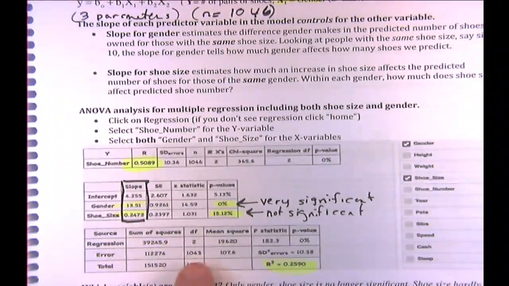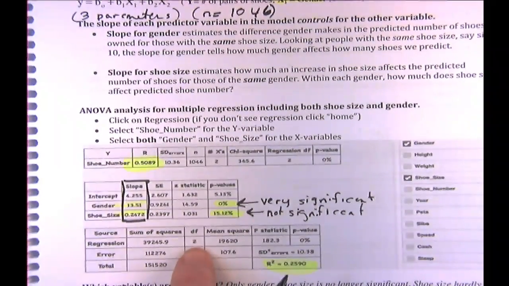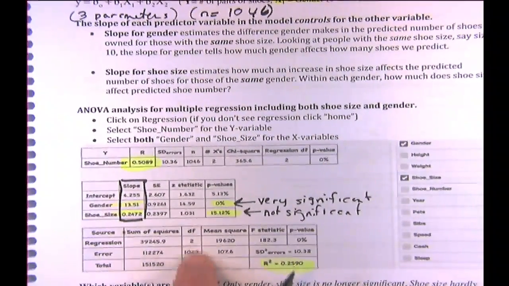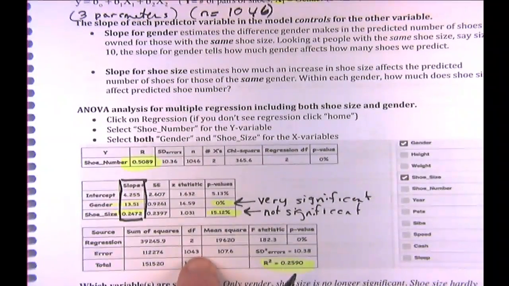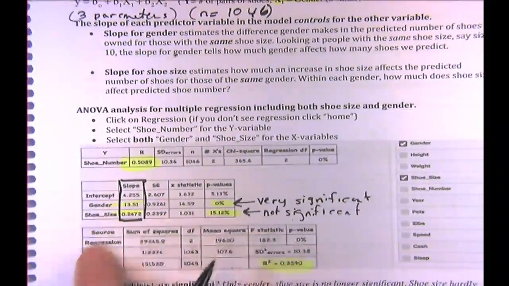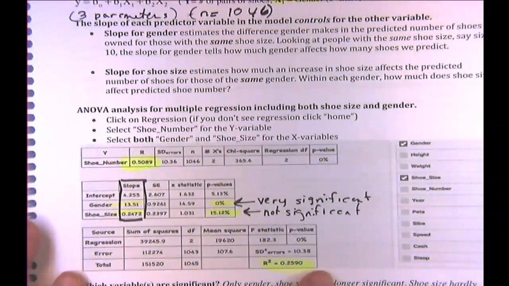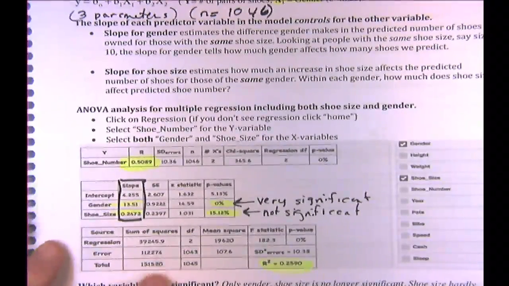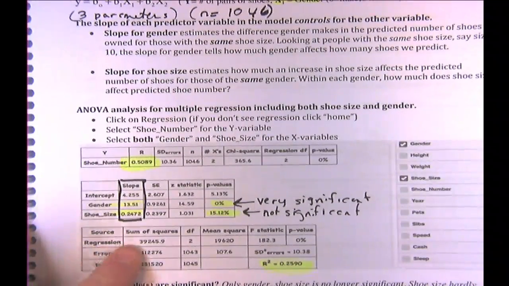This is n minus 1. This is p minus 1, 3 minus 1, 2 slopes in the model. And this is n minus p. 1046 minus 3 is that. And they add up. And the structure of it, you know, r squared times your sum of squares. This is your sum of squares model. This is your sum of squares error, sum of squares total.